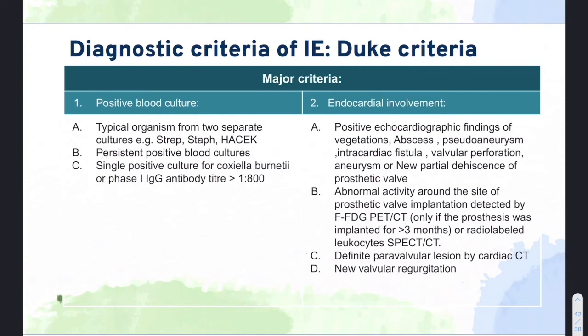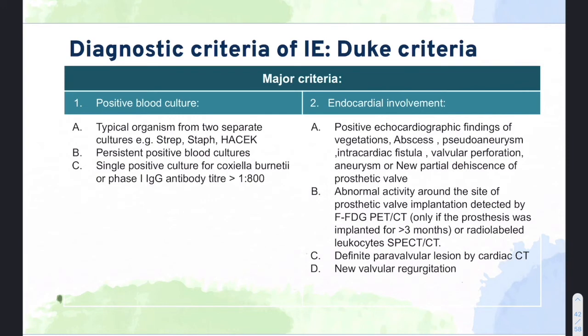How can we say the blood culture is positive? If there are 2 separate cultures showing growth of a typical organism like strep, staph, or HACEK, or a persistent positive blood culture. How do we decide that the blood cultures are persistently positive? If there are 2 or more positive blood cultures with samples taken 12 hours apart, this is a persistent positive culture.